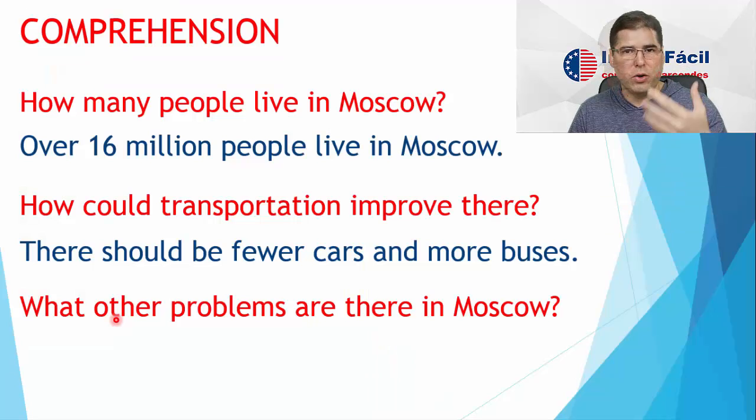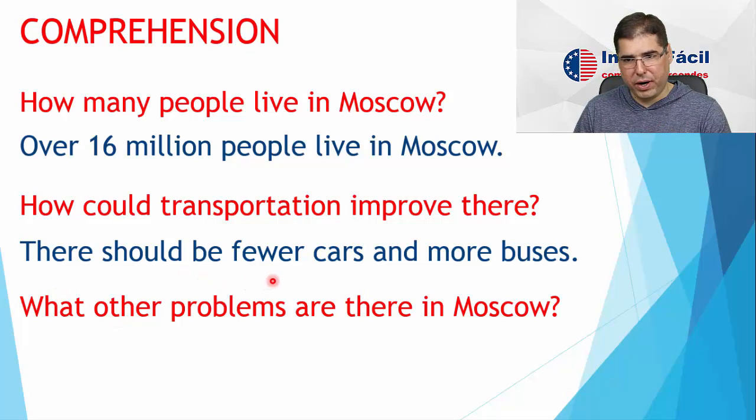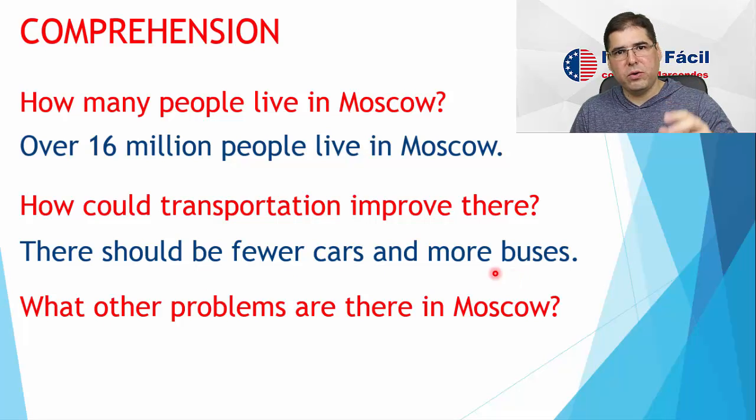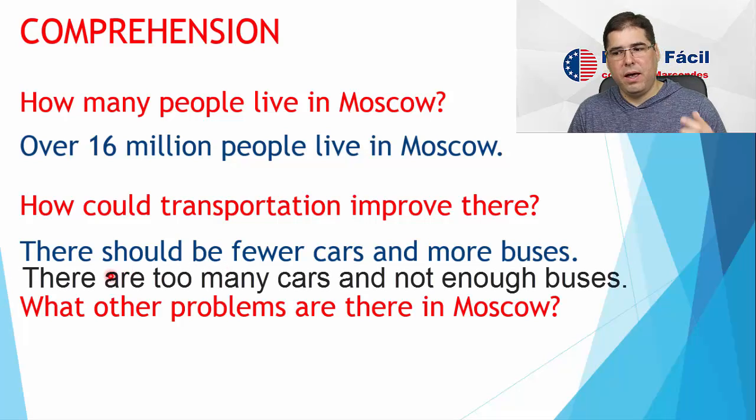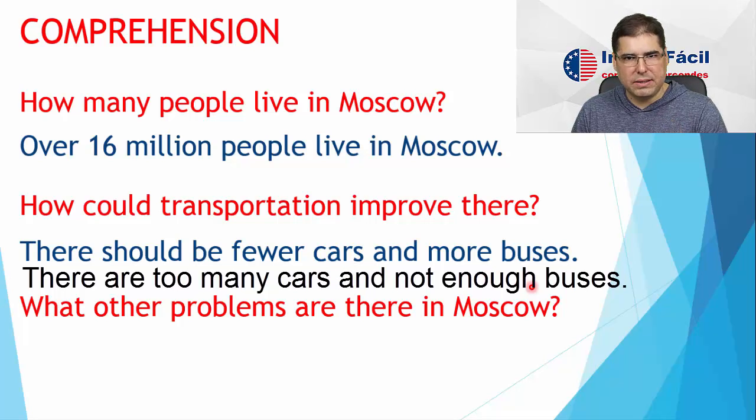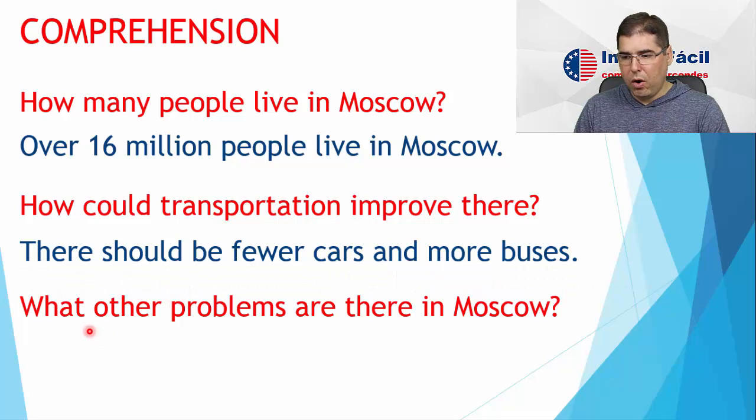We are going to see this in this class. So there should be fewer cars and more buses means another way of saying: there are too many cars and there aren't enough buses.